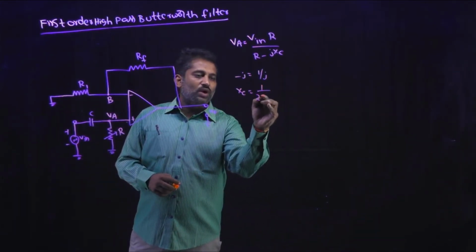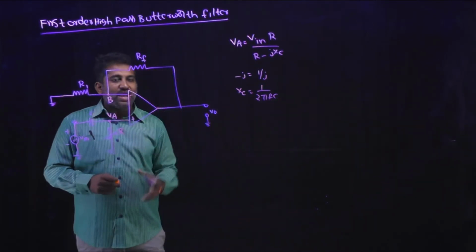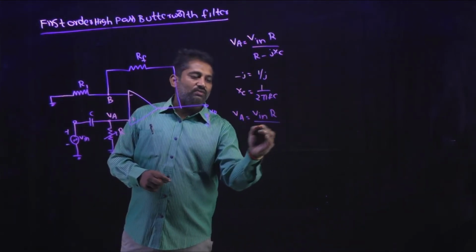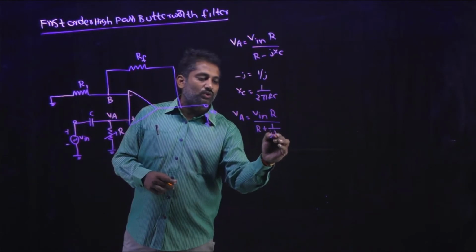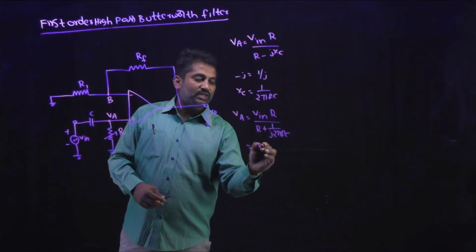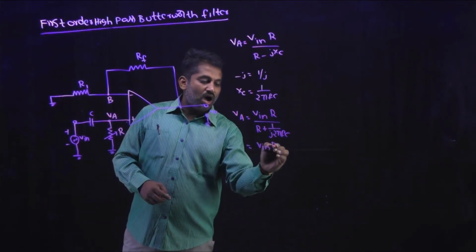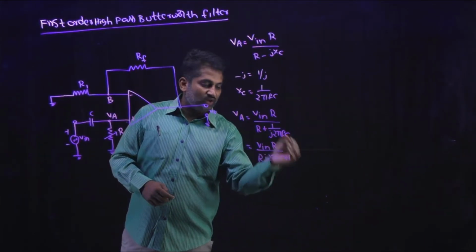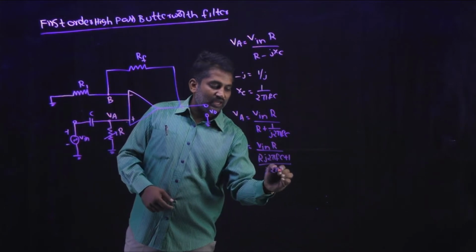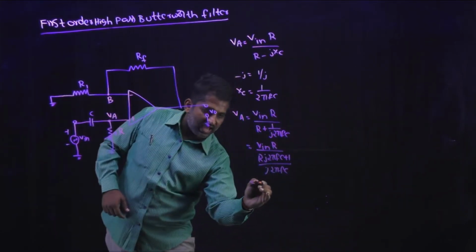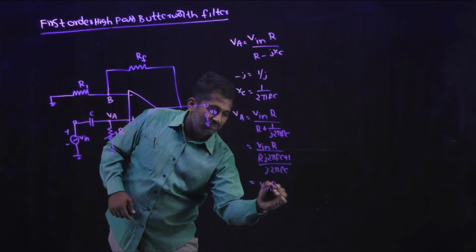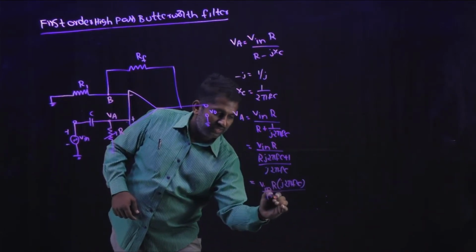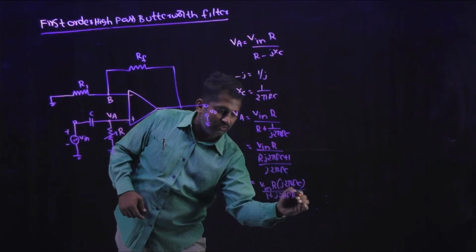Substitute these values in the above equation, then you will get VA is equal to Vin into R divided by R plus 1 by j into 2 pi F into C, which will be taken as Vin into R divided by R into j into 2 pi F into C plus 1 divided by j into 2 pi F into C, which will be rewritten as Vin into R into j into 2 pi F into C divided by 1 plus j into 2 pi F into R into C.